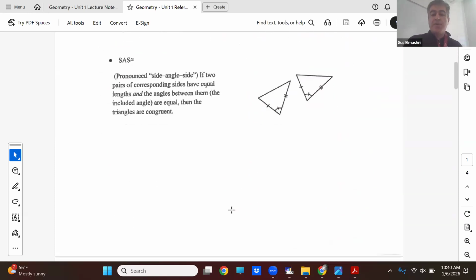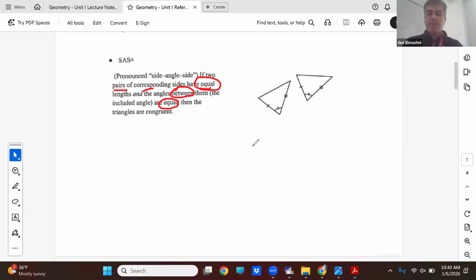Okay, another one is going to be side angle side, SAS. We already saw this with similarity as well. But we need the pairs of corresponding sides not to be proportional, but to be equal. And of course, the angle in between has to also be equal.